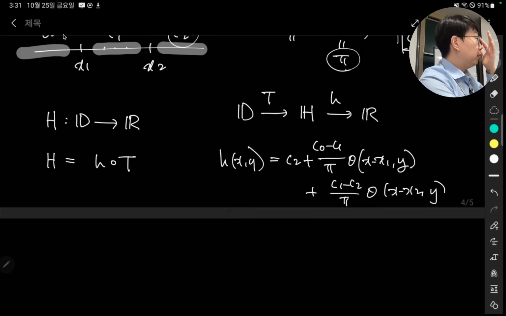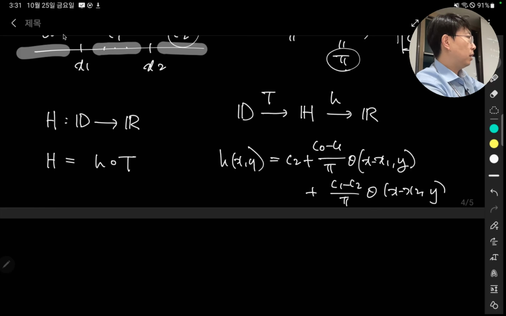Now the question is, how do you get the heat map? So this is a heat function. Heat function means that it's the temperature at every point x comma y. So you can get the contour line of temperature, meaning that the points on the line have the same temperature, but it doesn't really give you the heat flow.